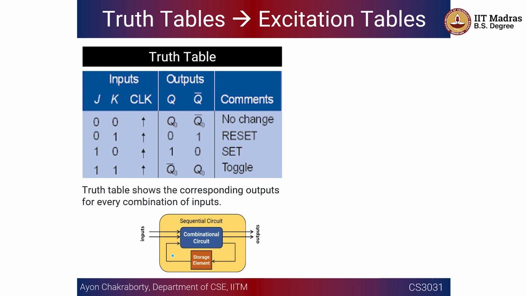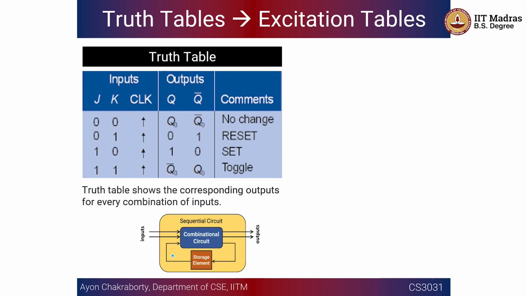So if it was 4, definitely the next state is going to be 5. If the previous state was 6, definitely the next state is going to be 7, and so on. So what is important is that there is a temporal dependency: if I know the current output, I can predict the next output for a given set of inputs.